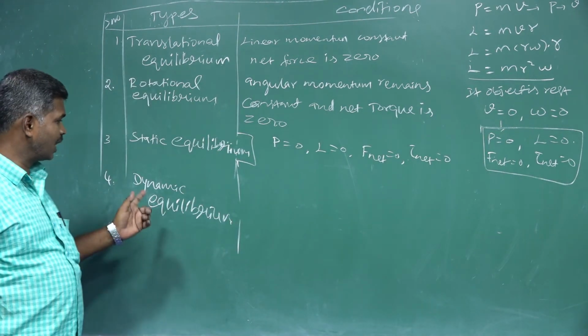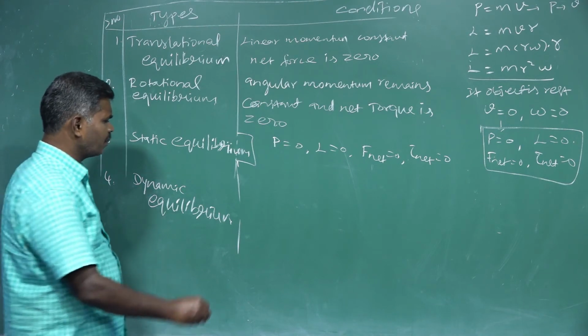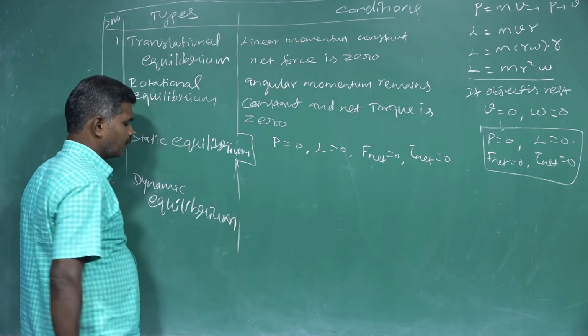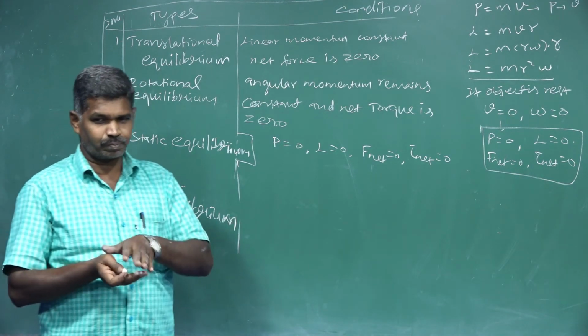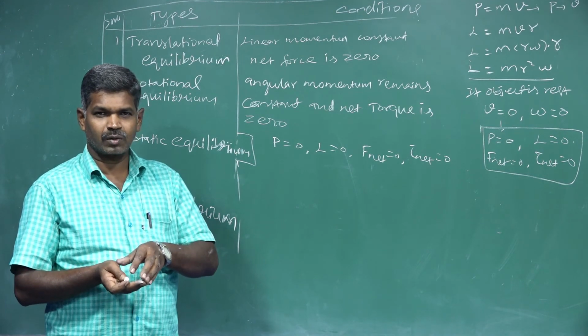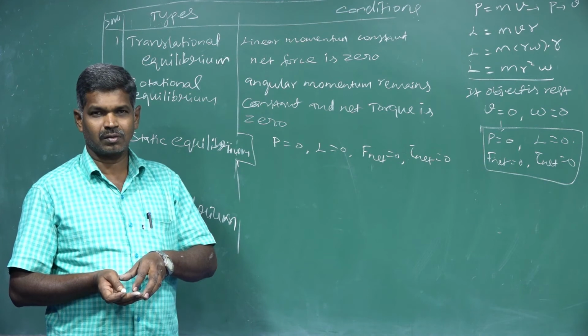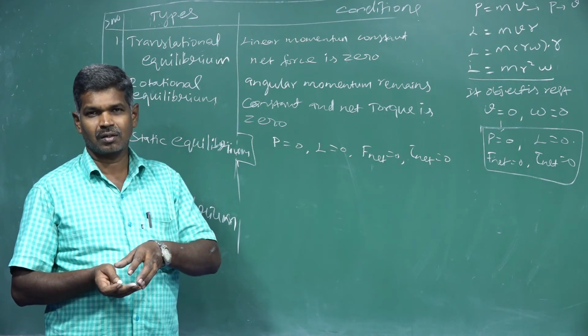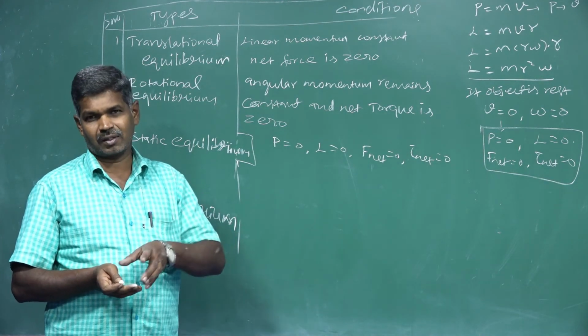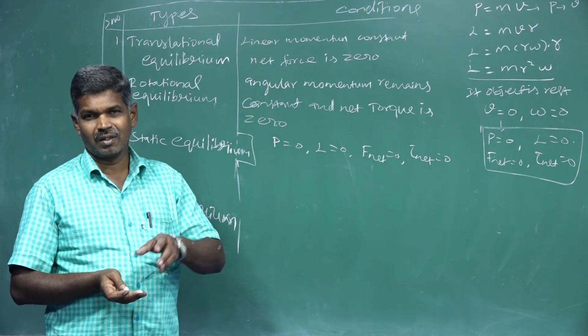Next we are going to see dynamic equilibrium. The object is in motion with uniform velocity, both linear velocity and angular velocity.